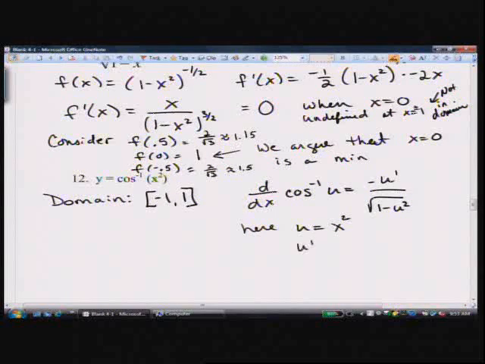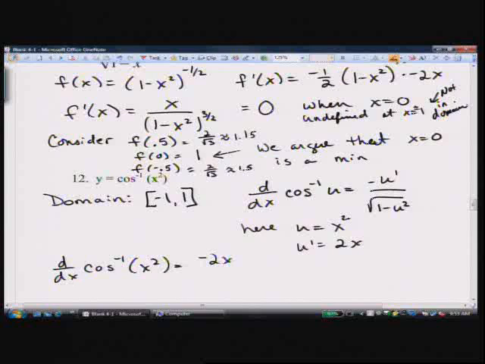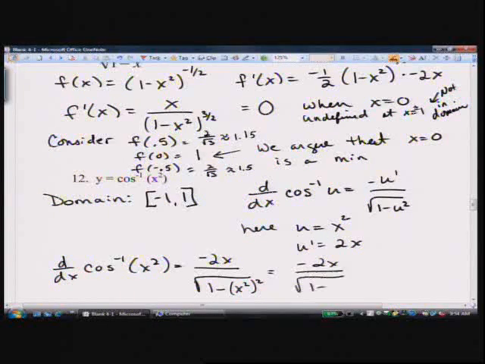And so u prime is equal to 2x. So the derivative of the inverse cosine of x squared is negative 2x over the square root of 1 minus x squared, which is negative 2x over the square root of 1 minus x to the 4th.